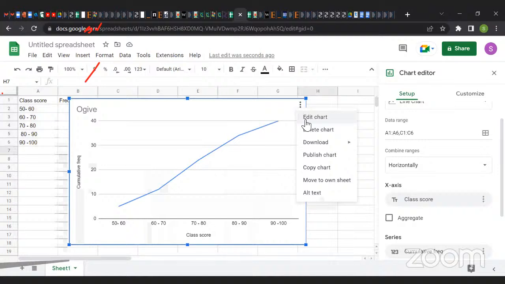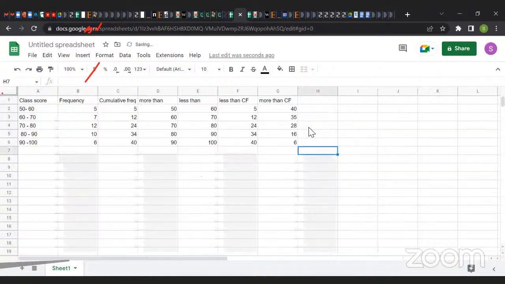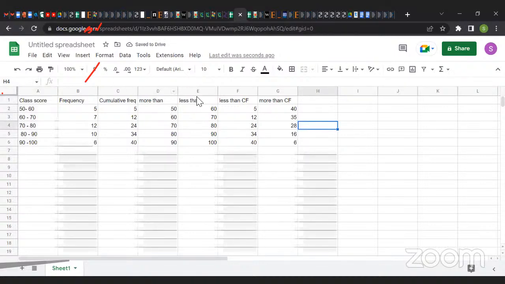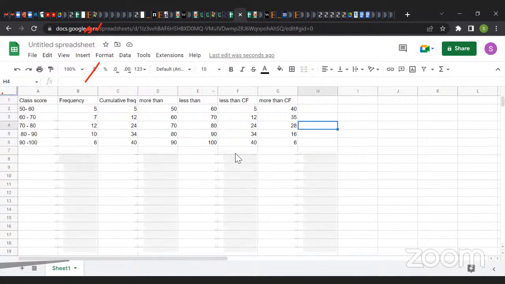So we'll do it like that. We can go on to do more than or less than. We said that the ogive chart has two types, more than or less than ogive chart. If we want to do more than, here is the class score. It started from 50. Each one has a beginning and end point, 50 to 60, 60 to 70.